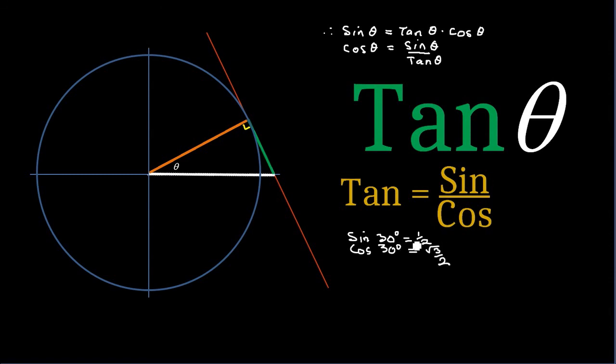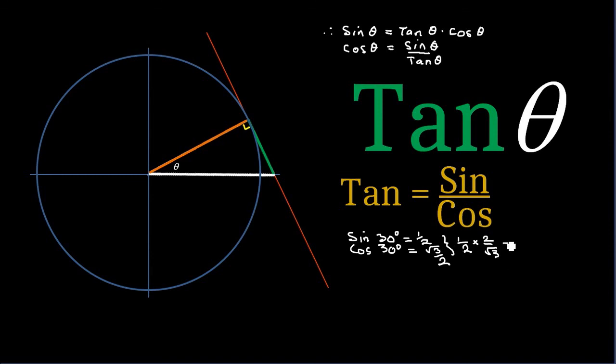And if the sine of 30 degrees equals a half and the cosine of 30 degrees equals root 3 over 2, we can simply test whether the tangent is the sine over the cosine by taking these values, so half divided by root 3 over 2. Well, if we divide by root 3 over 2, we must be multiplying by 2 over root 3, like that.